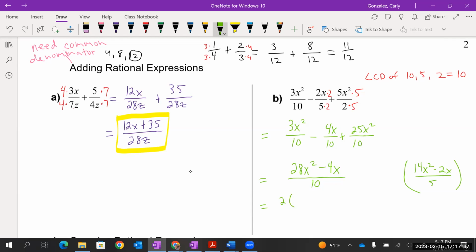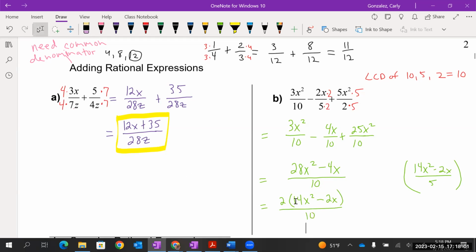Since 2 goes into 28 and 4x, I can pull the 2 out, and then I'm left with 28 divided by 2 is 14x squared. And I also have to pull the 2 out of the 4x. 4x divided by 2 is 2x. And leave the 10 on the bottom.